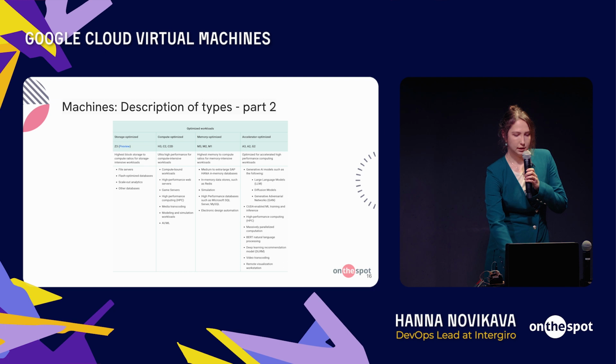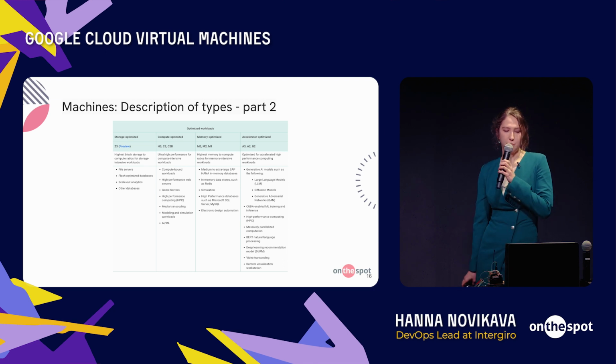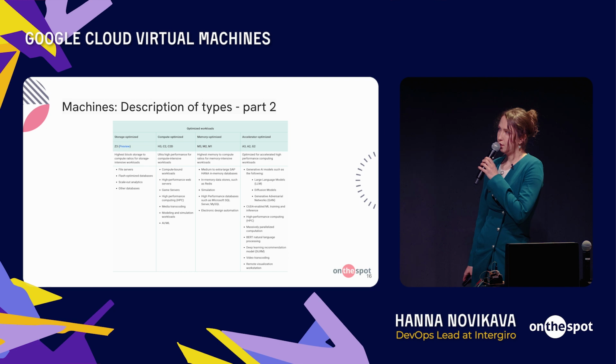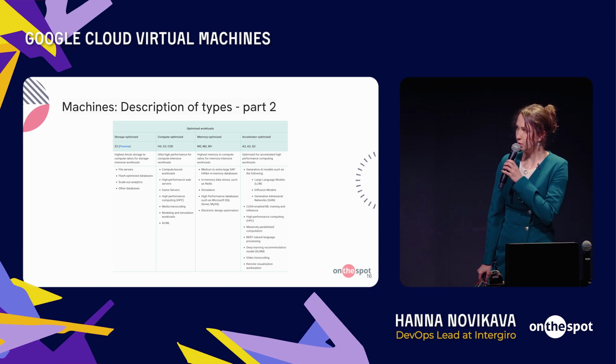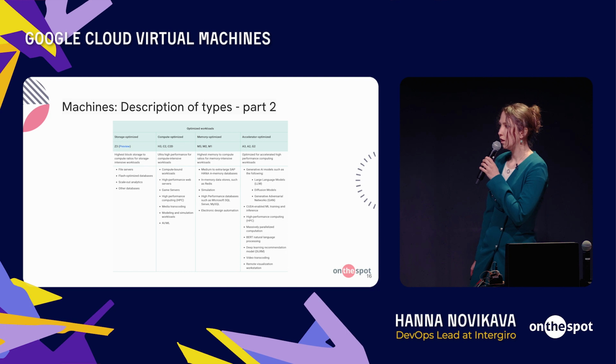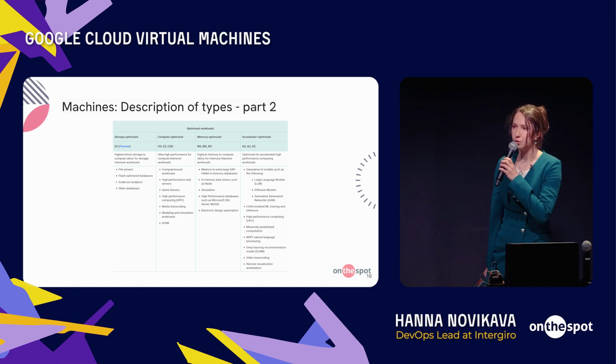What about the next types? Here we have compute optimized instances. They're used for some server platforms, so you have good performance here. They're popular enough for different tools. Here we also have the storage optimized type, Z3, and you can use it for some services when you need a very quick and fast connection with the database, a lot of IOPS, if you know what it means.